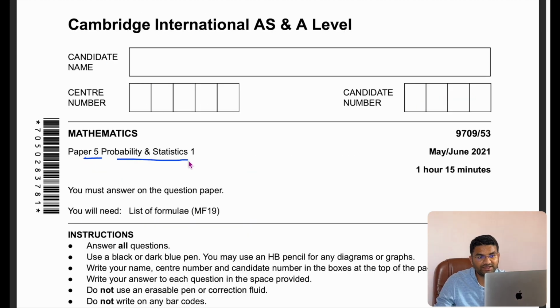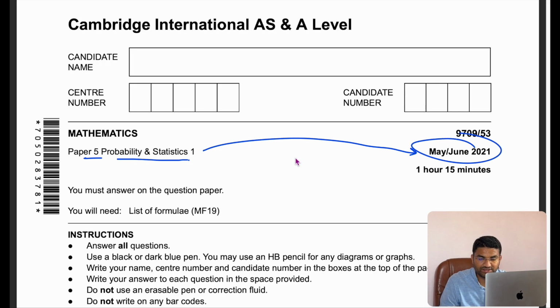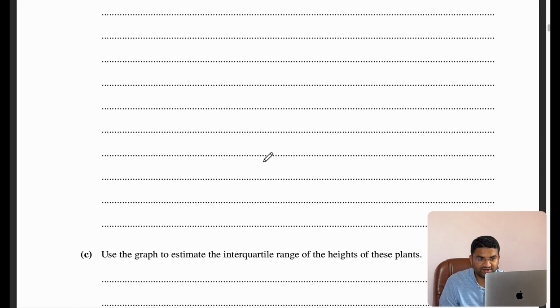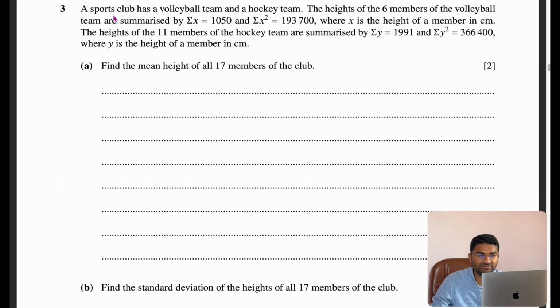Then next, moving on to another question: Paper 5, probability and statistics 1, May/June 2021. So we will go through it straight away. Question number 3 says that a sports club has a volleyball team and a hockey team. The height of 6 members of the volleyball team is summarized by summation of x equal to 1050 and summation of x square equal to 190,700, where x is the height of the member in centimeters.